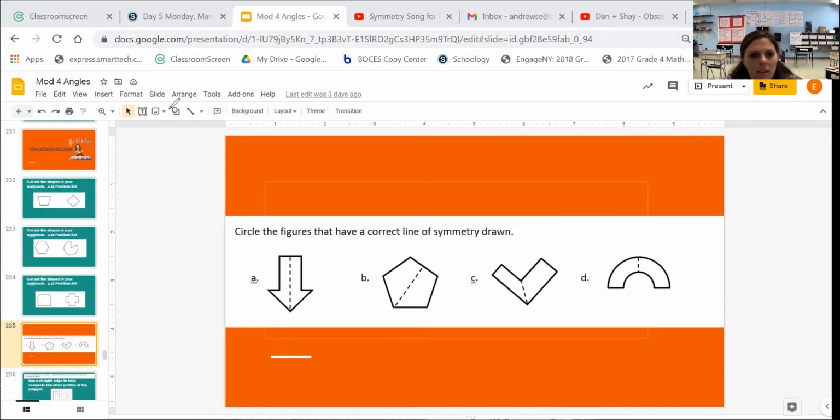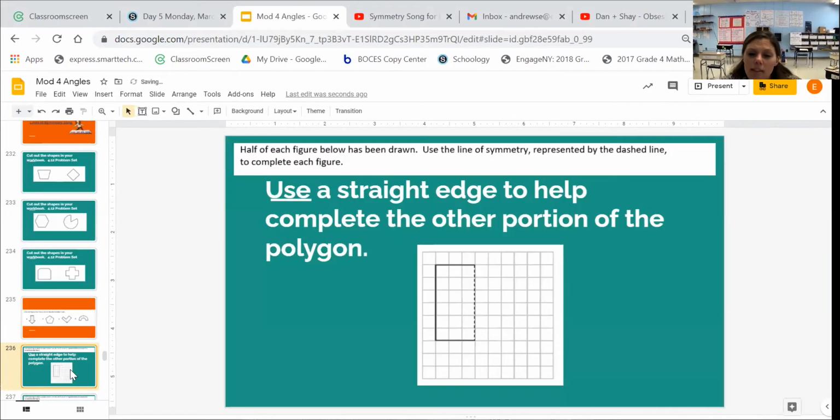Okay, nice job. All right, now what we're going to do is draw the other half. So what I want you to imagine is only half of the polygon or shape has been drawn, and we need to show the exact other side, what it would look like if we unfolded it. So for example, I would use my straight edge or piece of paper to make sure it's nice and straight.